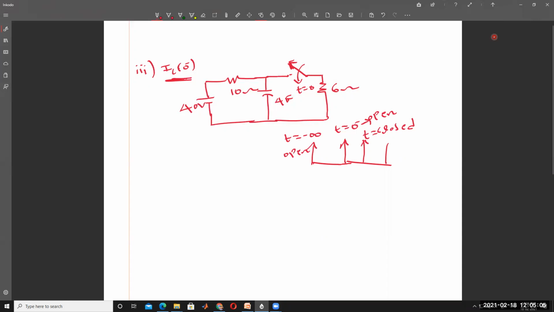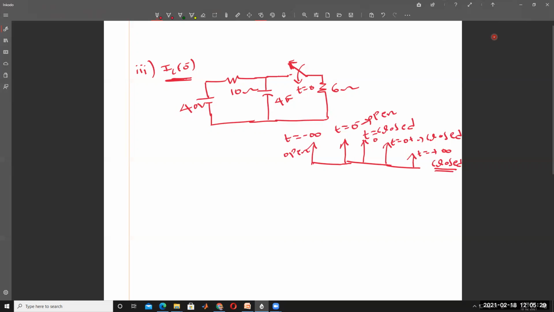At t equals 0 plus, this is called at t equals 0, the switch is closed. At t equals plus infinity also closed. Understood.